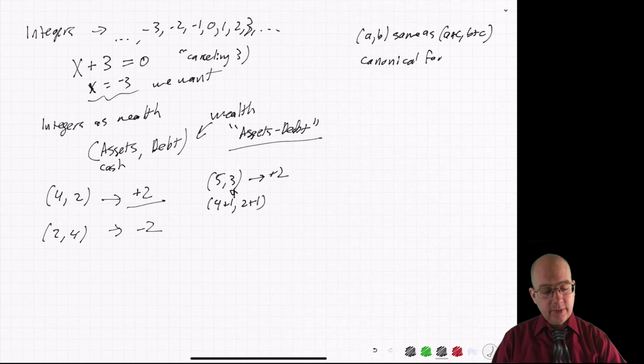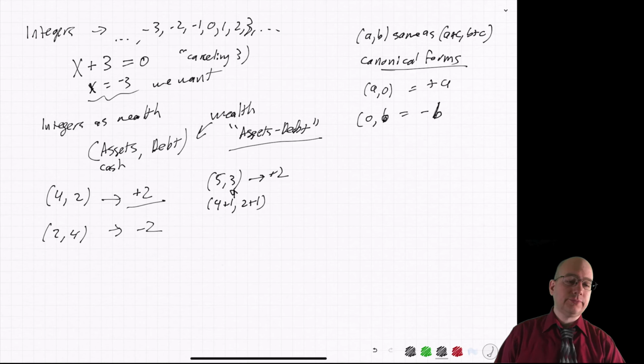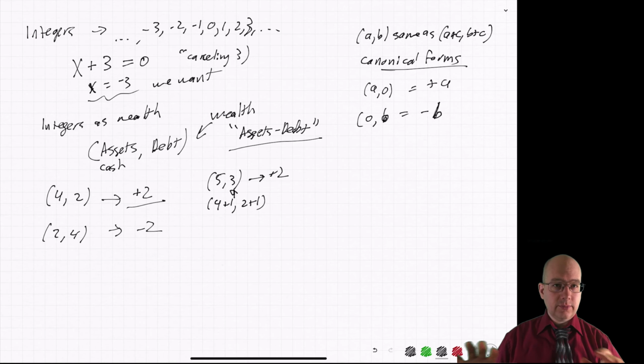This is where kind of the magic happens. (A, 0) is plus A, and (0, B) is minus B. So that's the concept. You add them component-wise.